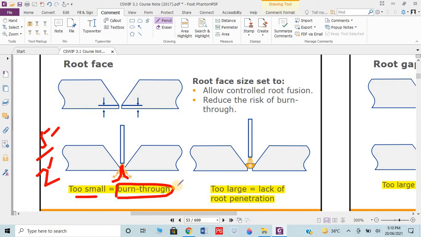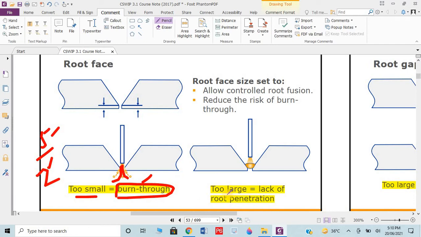This is known as burn through. In the question they normally ask, if the root face is small, then which defect could occur? Lack of penetration, lack of fusion, etc. Remember, if the root face is small, then burn through could occur.